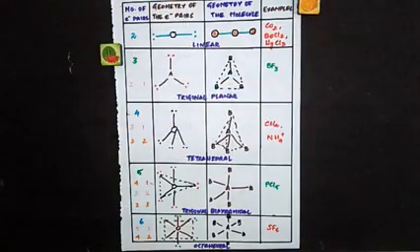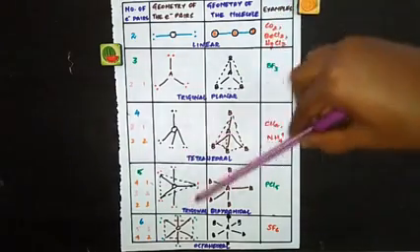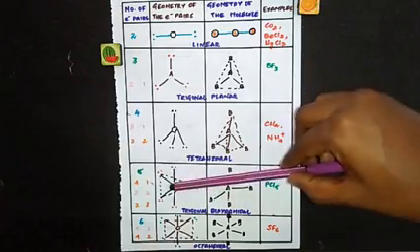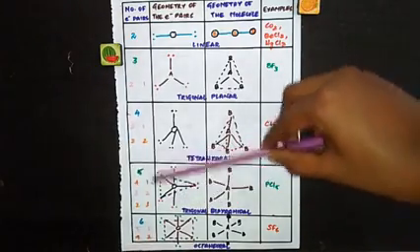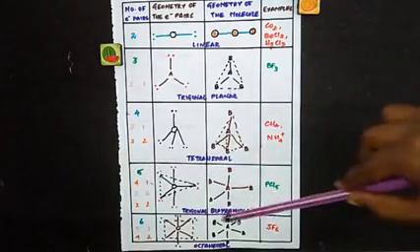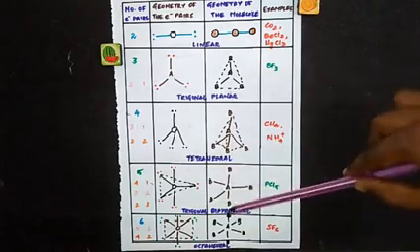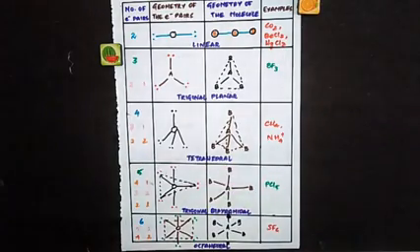And the next one, where there are 5 electron pairs, and remember we are talking only about bond pairs, we are not including lone pairs. So 5 bond pairs. This is the geometry of the electron pairs. The central atom here, they have to repel each other as much as possible and all the 5 bond pairs should be accommodated here. That gives you a trigonal bipyramidal structure. Example is PCl5.